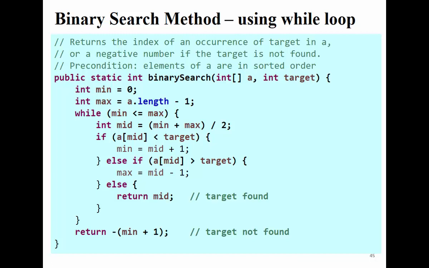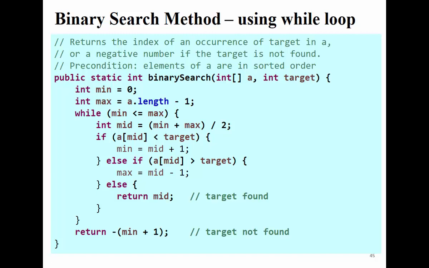We compare with the target. If the element of the array at the middle point is less than the target, we're going to revise the minimum index by putting it to the middle index plus 1. If the middle element is greater than the target, we're going to revise the max by putting the max index to the middle point minus 1.